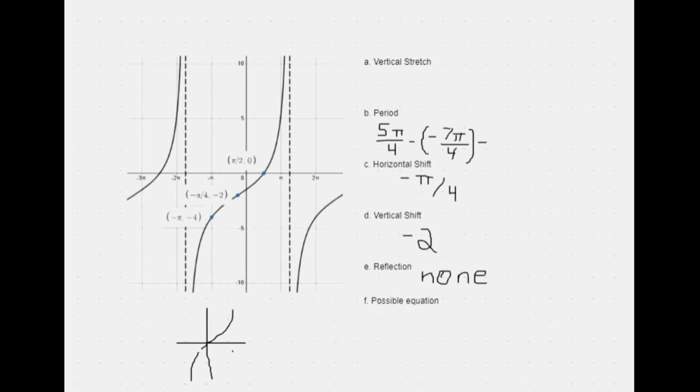And basically, if you subtract the negative number, that's the same as adding. So essentially, we're going to add 5 pi over 4 plus 7 pi over 4.